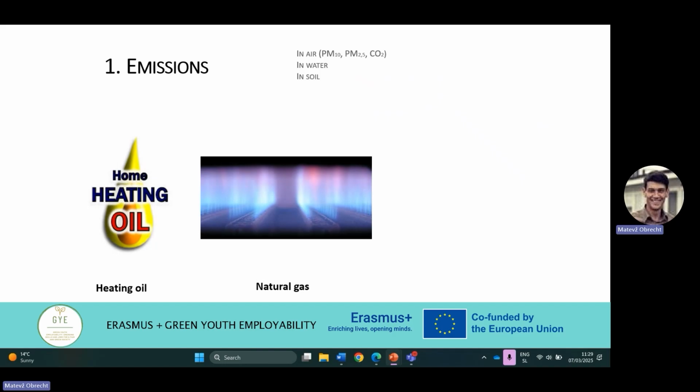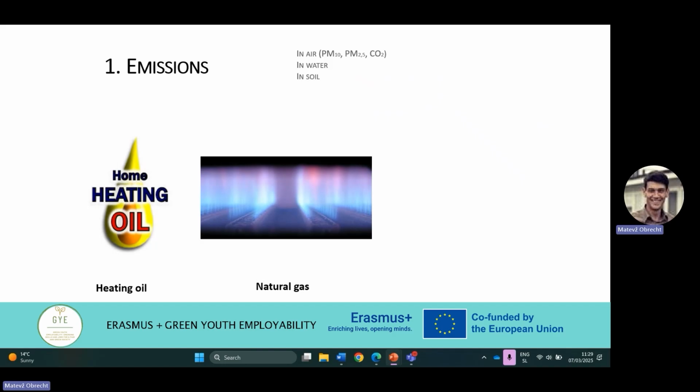So a huge reduction of emissions, and we didn't do much. We just went from heating oil to natural gas. Both of them are fossil fuels, but we can see that replacing technologies with cleaner fossil fuels can be very beneficial from the environmental perspective.